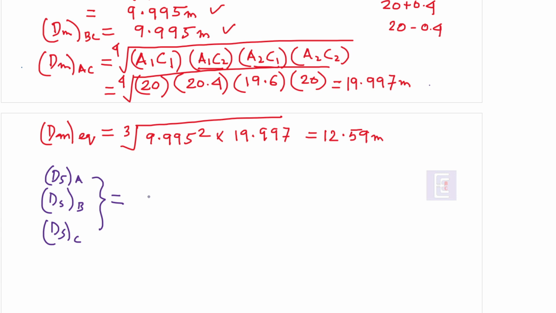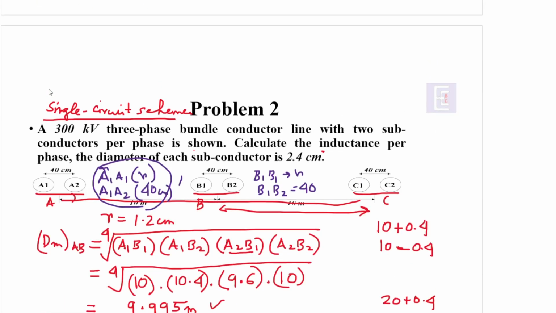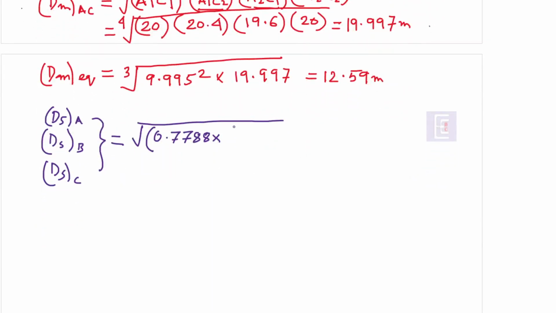So what is the result? It is the square root of, now what is the distance? 0.7788 into R. What is R? R is actually 1.2 centimeter, so it will be 0.012 meter, into 40 centimeter, that is 10 to the power minus 2.